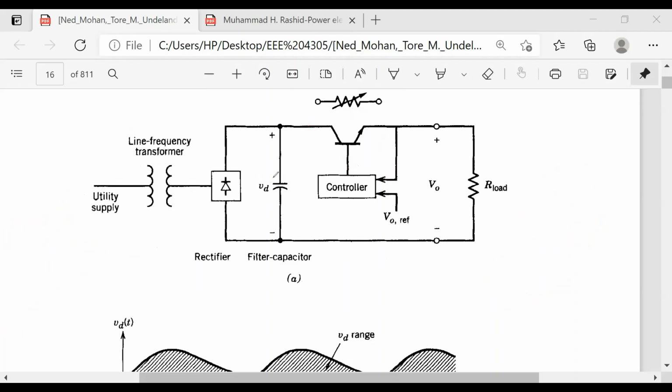So here the example is that if we use linear electronics, then we have a bulky, expensive transformer, and also there will be loss here, and it will be less efficient, and we are operating in the linear region. It is not good for high power.